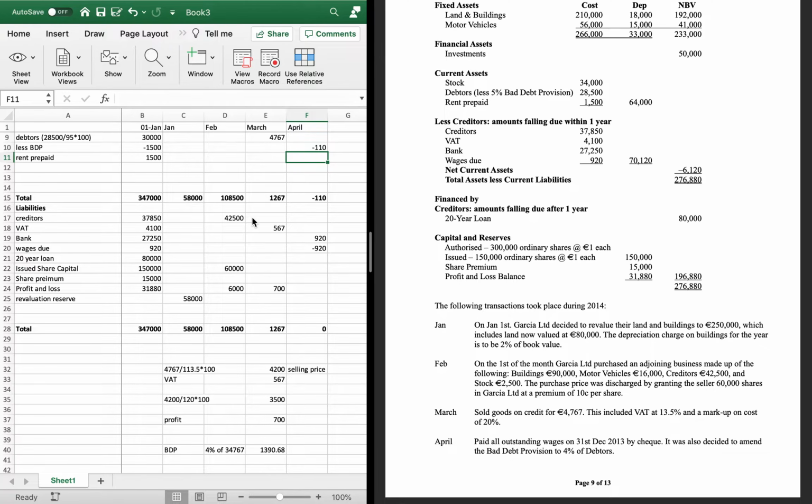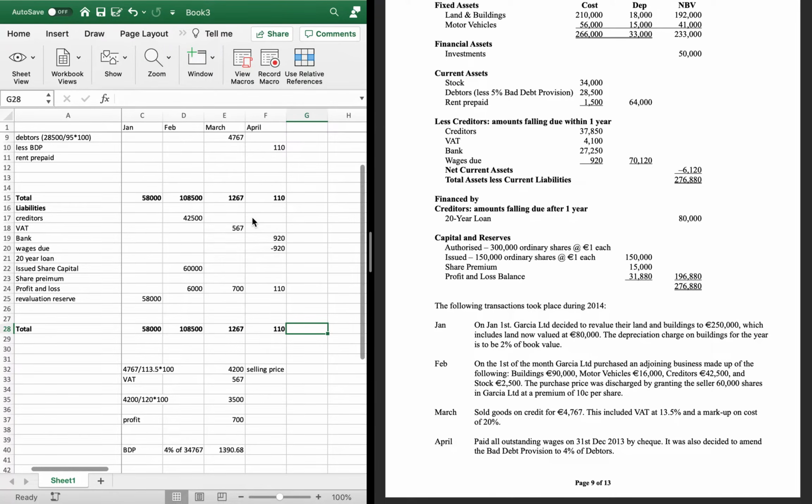So bad debt provision has gone down by 110 euros. What happens when there's a reduction in bad debt provision? It goes into your other operating income as a plus. So 110 into your profit and loss there. So that should have been a plus 110, obviously, there. So 110 and 110, and we're right now.